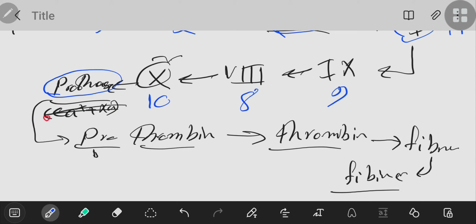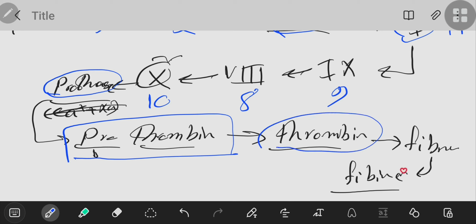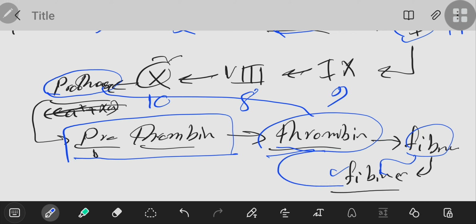And then this enzyme will activate the prothrombin, and after that the thrombin is formed. And then it leads to fibrinogen and then fibrin. You can say from the thrombin to fibrin is correct, or from the prothrombinase to thrombin, without mentioning the in-between ones. It's up to you.